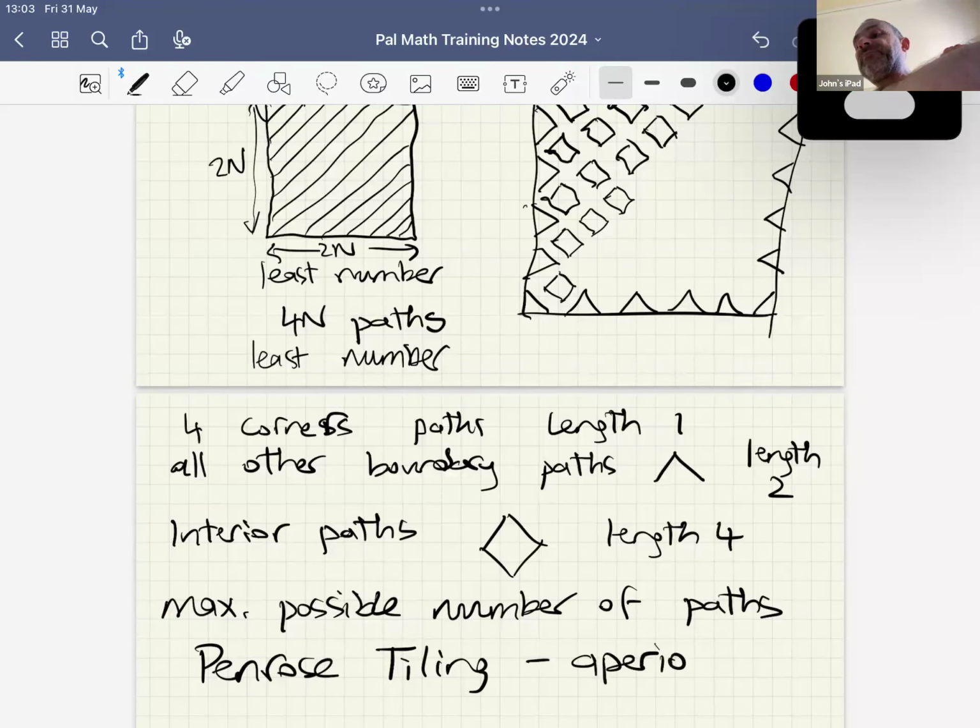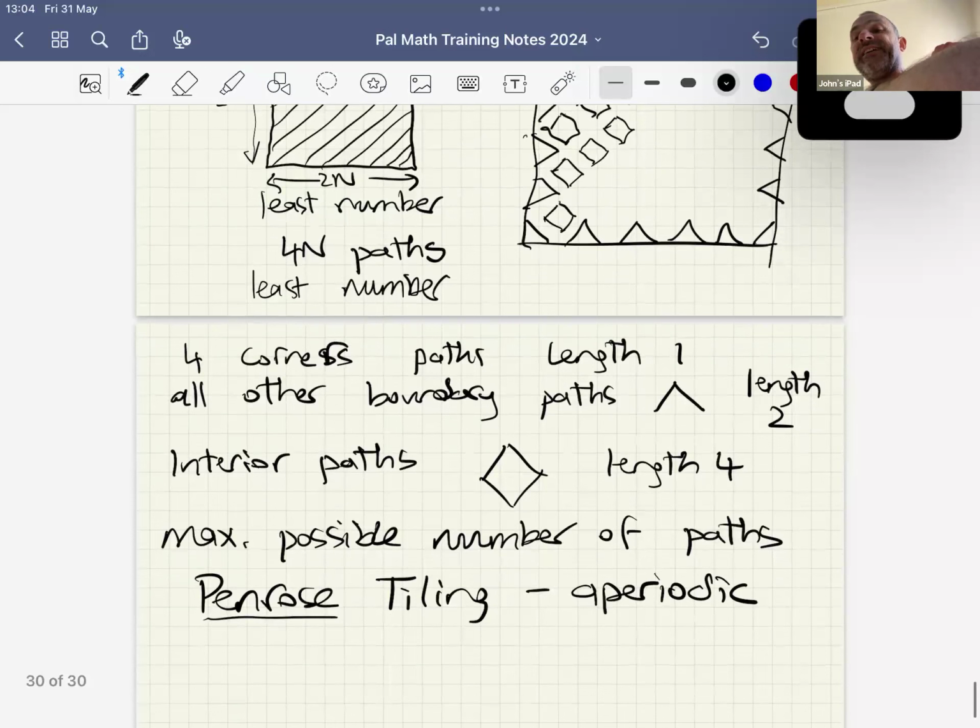You can look it up. It's due to Roger Penrose, who's an English mathematician. And there's a very funny story about it being used for toilet paper. But anyway, I think someone has discovered an aperiodic tiling in a mosque from like 1,000 years ago. Which is quite interesting.